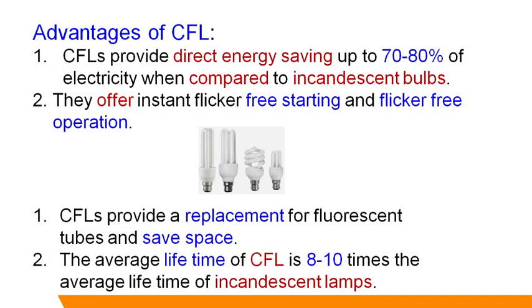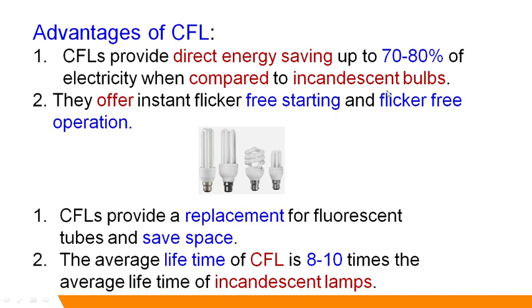Then you should be very clear how the CFL is different. One important point is that the light intensity obtained in a CFL is 40 lumen per watt, whereas in a normal incandescent it is 10 lumen per watt.